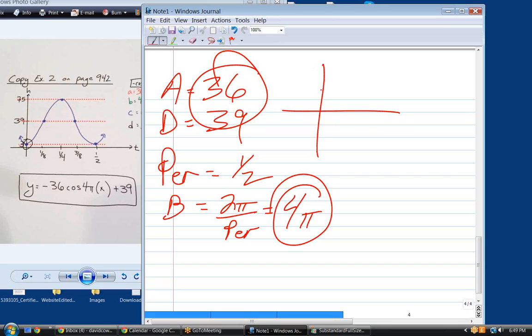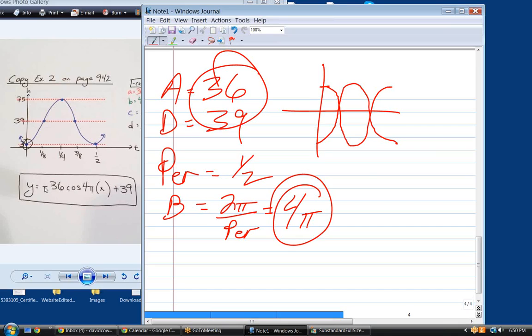Notice the cosine curve, and this is the way you want to remember these, starts at its maximum, goes down to its minimum, comes back up to its maximum. Well, this curve here starts at its minimum, goes up to its maximum, and comes back down to its minimum, which is an exact reflection of this over the x-axis.